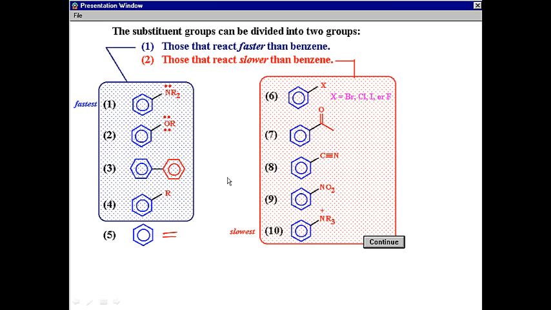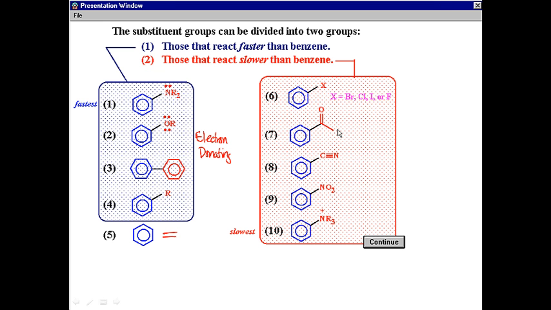So anything that reacts faster than benzene is going to have an electron donating group on it. This would be our list of electron donating groups here in blue.